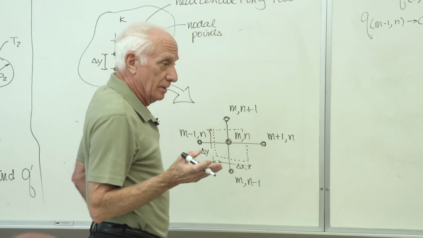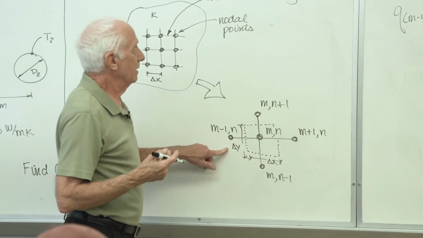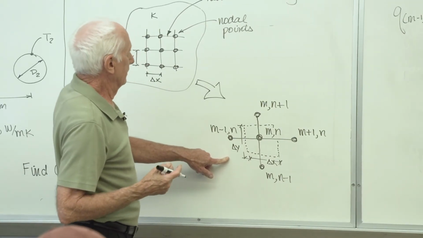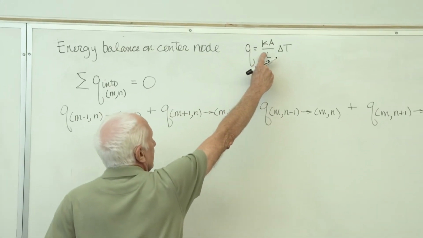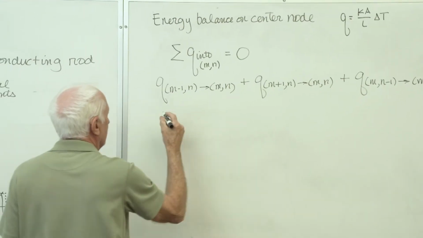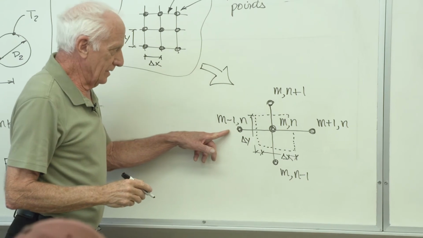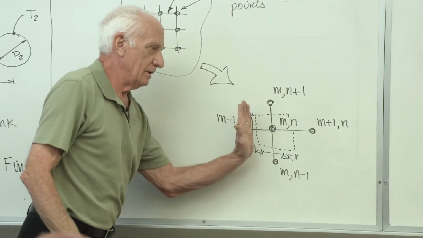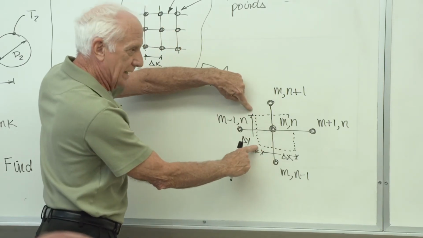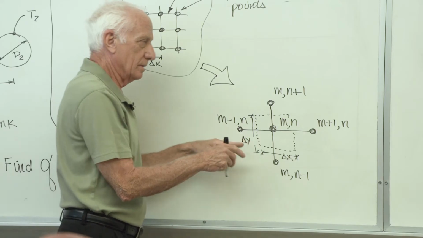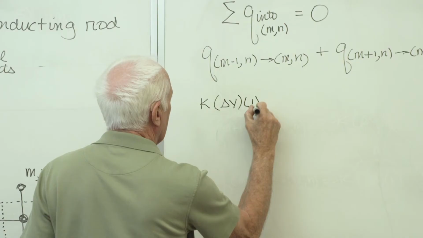Now use Fourier's law to get those Q's. All right, m minus 1n. So here it is. K times A. Okay. All right, let's see what area. From the left-hand node to the center node, here's the area, my hand. What is that area? Delta Y high times 1 into the board. The area is delta Y high times 1.